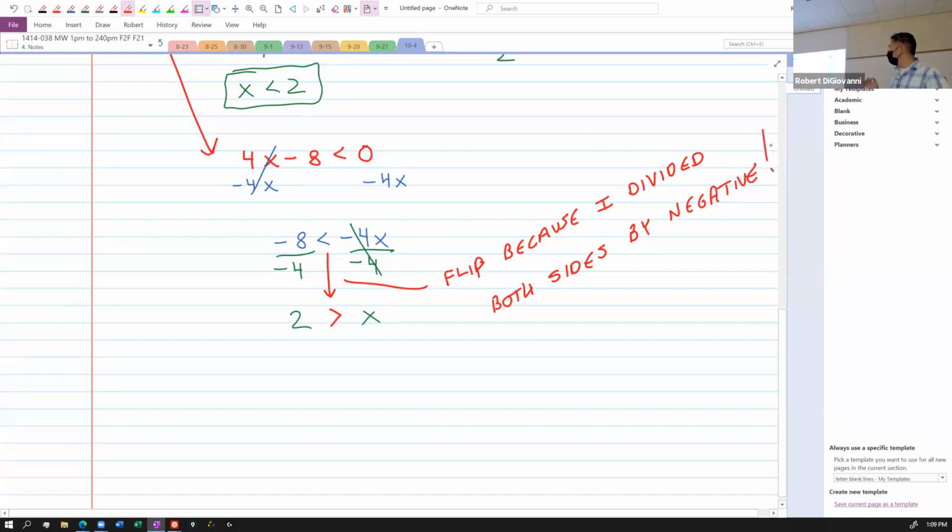Anytime you multiply or divide both sides by a negative, you have to flip. And now that answer is the same as the answer above, right? That's saying 2 must be bigger than x, or x is smaller than 2, same solutions. Is that okay? I just want to make sure we understand this before we move on to the quadratic inequalities. We good at home?